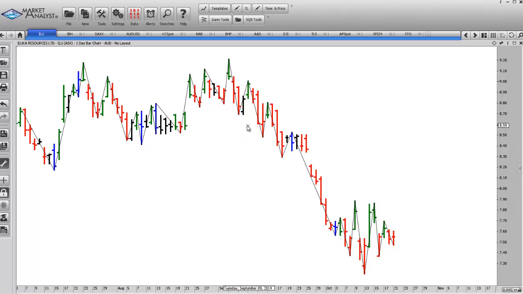What this means is that whilst there are some buyers who think there is more to go in the price of this market, they're being overruled by the sellers. And the sellers are getting very, very active in getting out of this stock because they think the market's more likely to fall. When we see 1, 2, 3 lower top, lower bottom swings on a chart, we're looking at a very clear picture from the majority of traders that the market is now more likely to decline rather than rally.